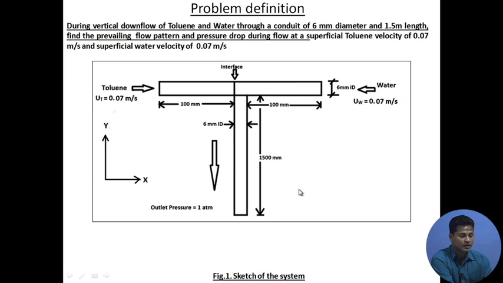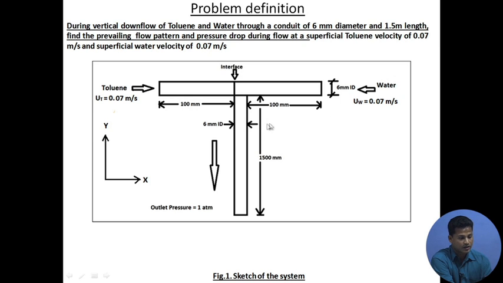We will be calculating what the flow pattern will be in this given set of conditions, and also extracting some results in the form of a graph, which will be pressure drop versus length of the conduit.